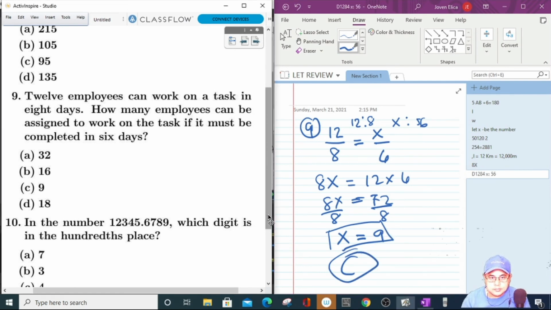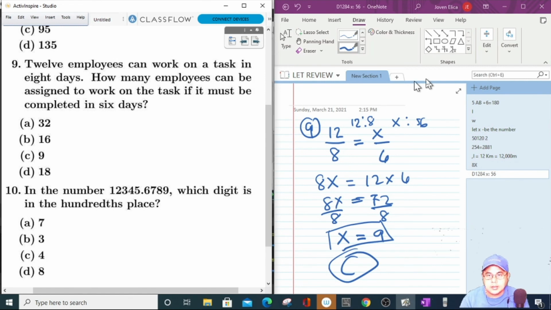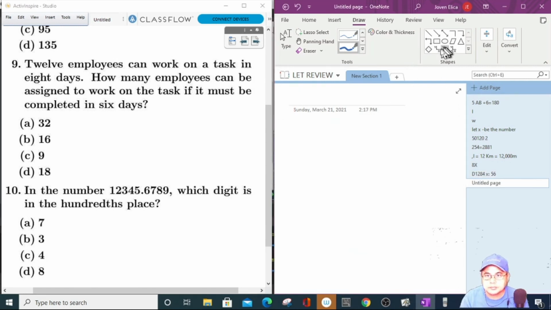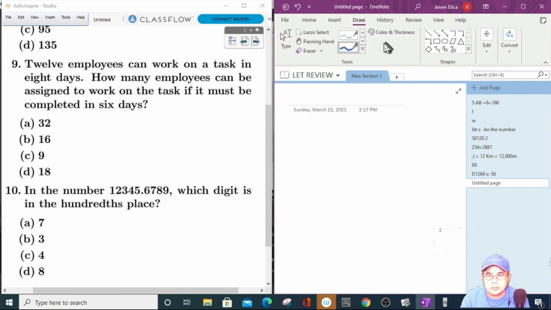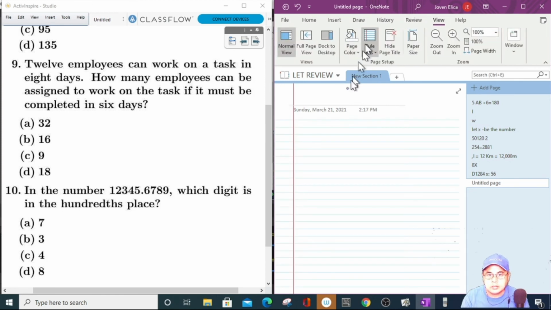Right, so number 10. In the number 12,345.6789, which digit is in the hundreds place?